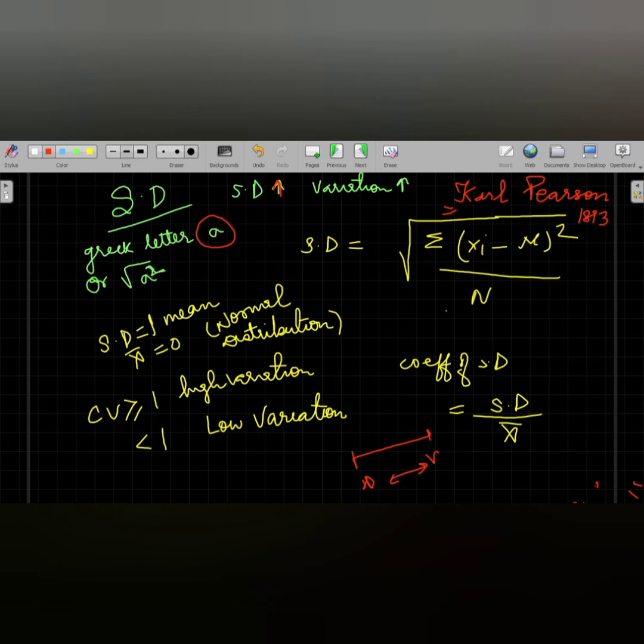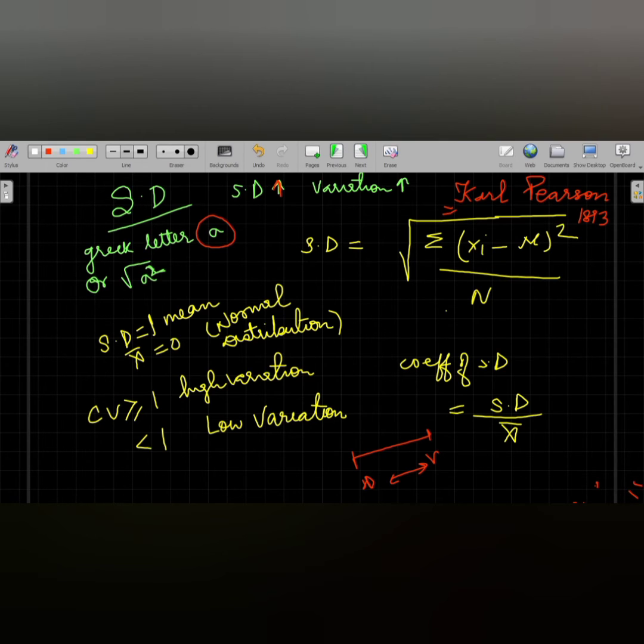Standard deviation was discovered by Karl Pearson in 1893. This question has also been asked in previous UGC NET papers, so remember who has discovered what. The standard deviation formula is the square root of the sum of the squared differences between the data and the population mean, divided by n.